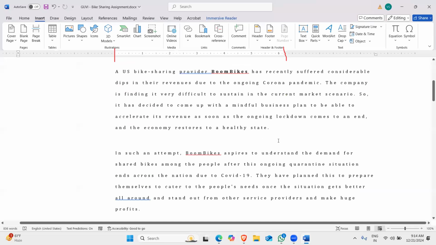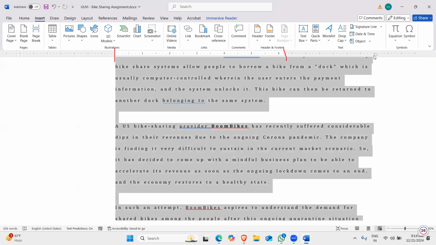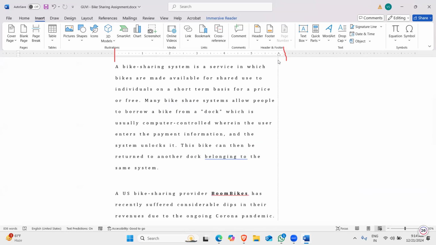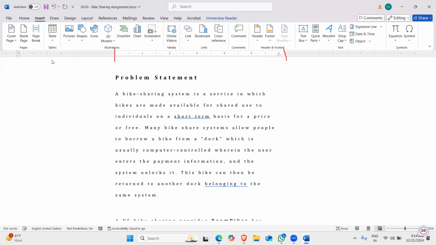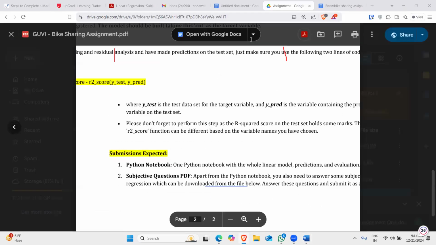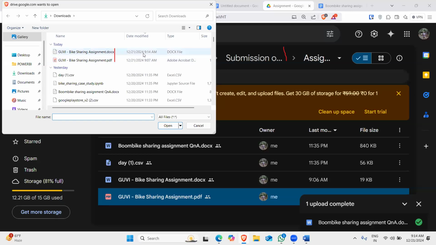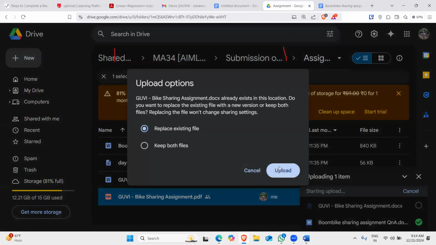So that is what we have. If I just select this and save this, then add this here.